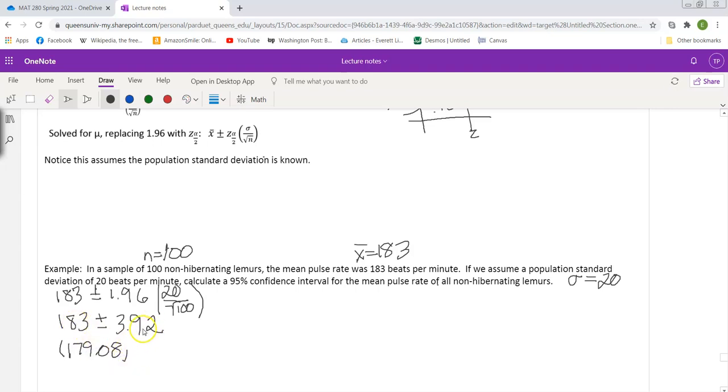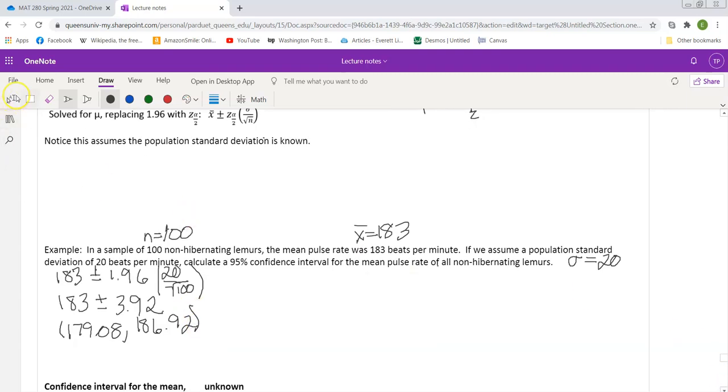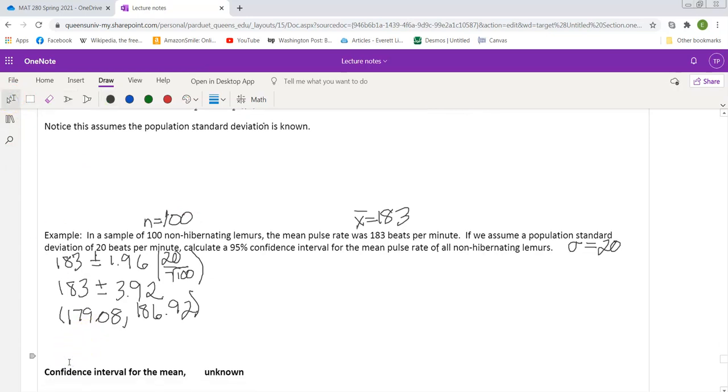And 183 plus 3.92 is 186.92. All right, so that's our confidence interval. What does that actually mean, though?